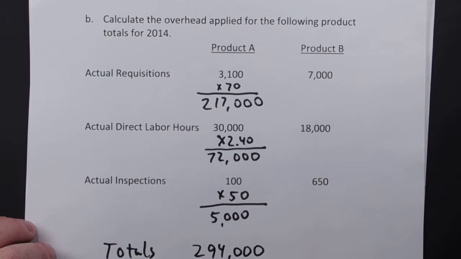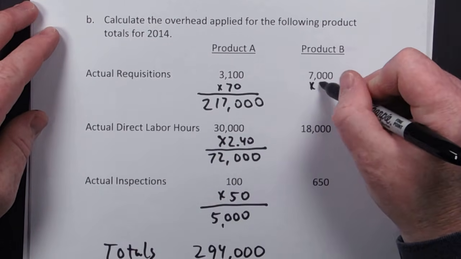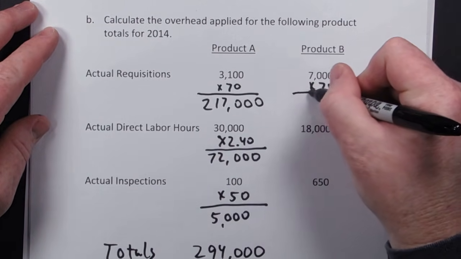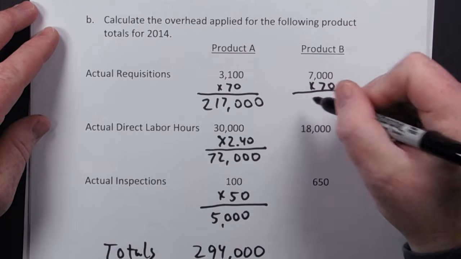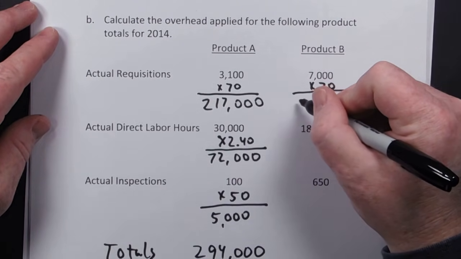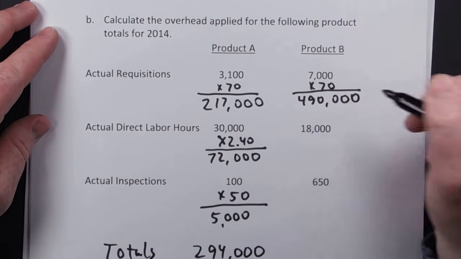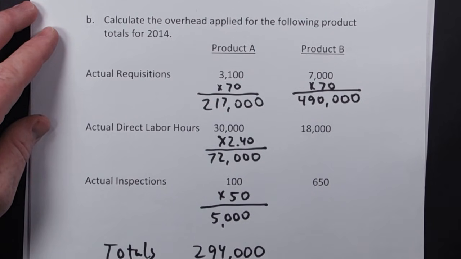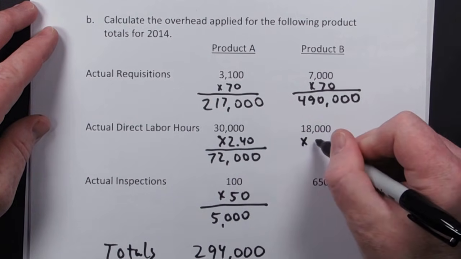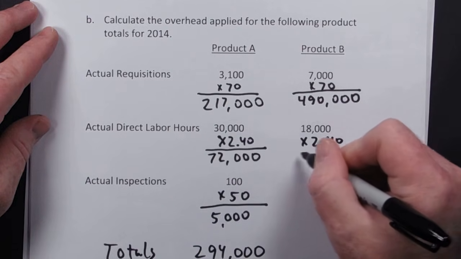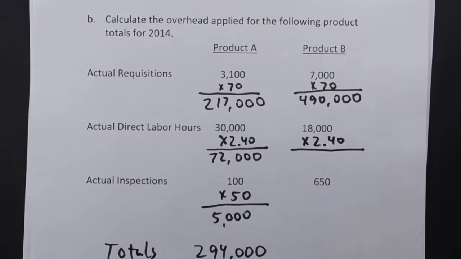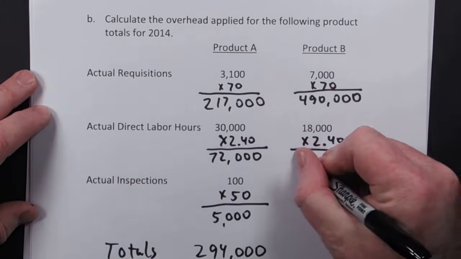And we're going to do the same thing for product B. So 7,000 requisitions at $70 apiece, 490,000. Direct labor hours at $2.40 each, $43,200.